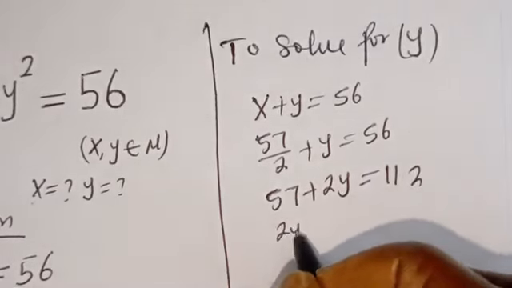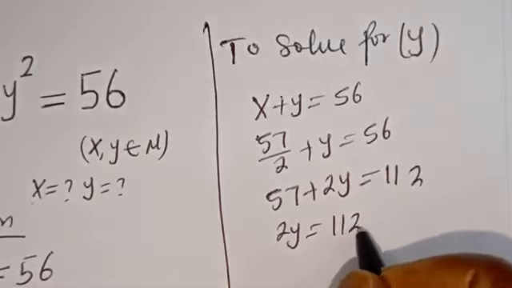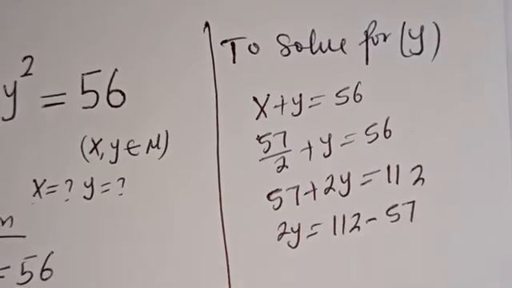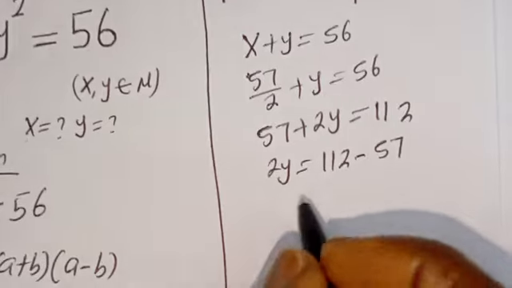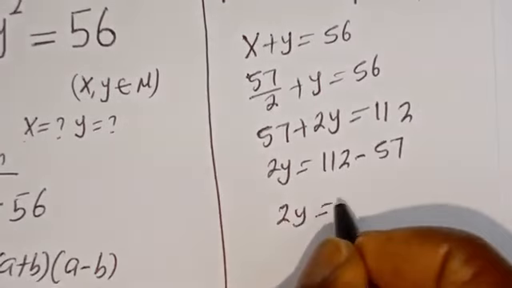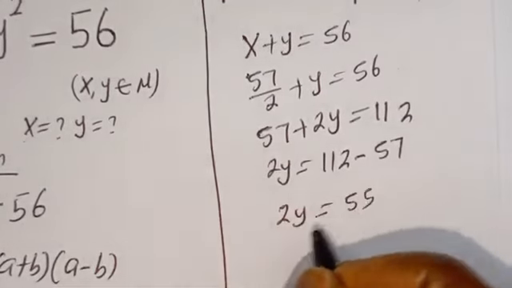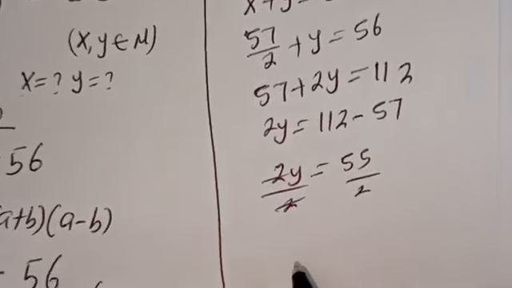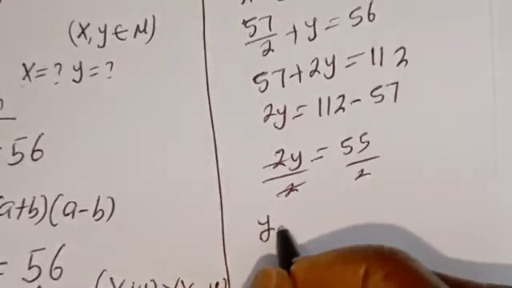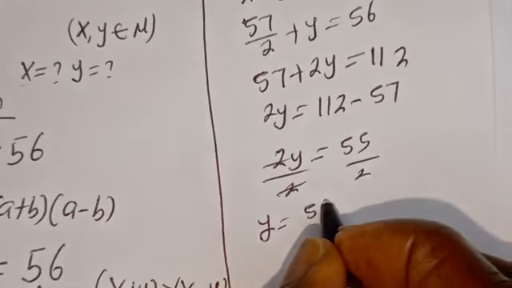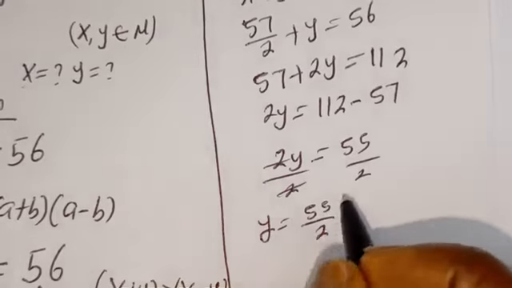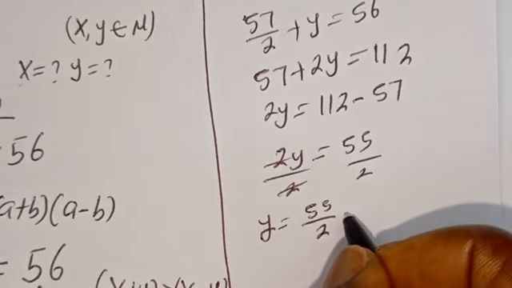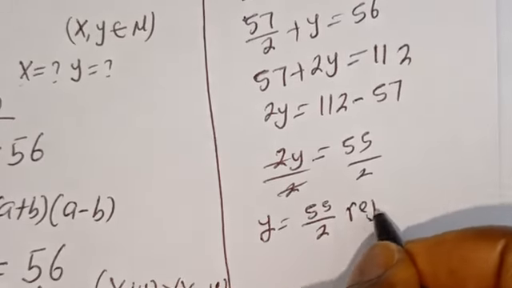Then we have 2y is equal to 112 minus 57, so 2y is equal to 55. Divided by 2, now y is equal to 55 over 2. This is not a natural number, so it is also rejected.